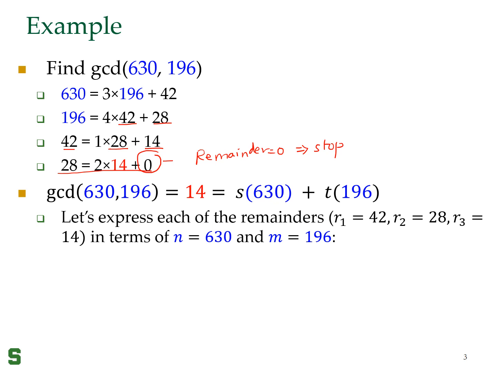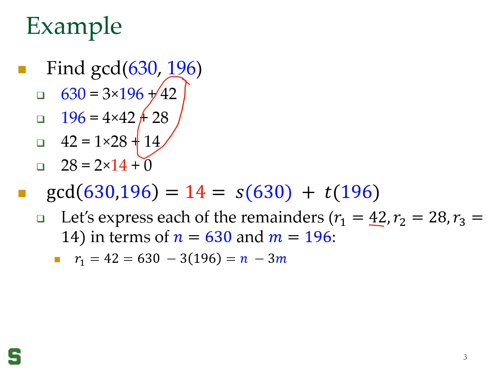So the way we're going to do that is we're not just going to find the GCD in terms of the original numbers, but rather we're going to look at each of these remainders that we have, and express them in terms of s and t. So the remainders that we have are 42, 28, and 14. Now, the way we are going to do that is as follows.